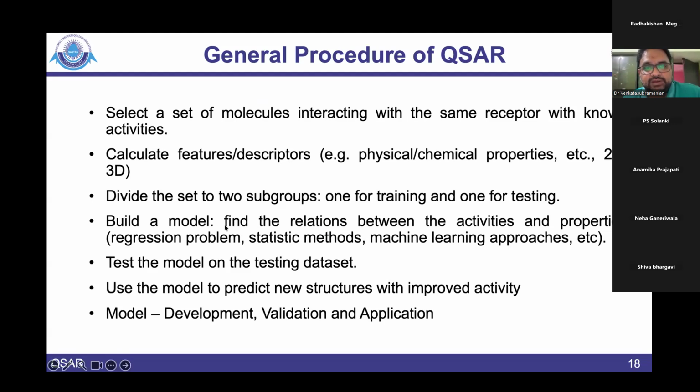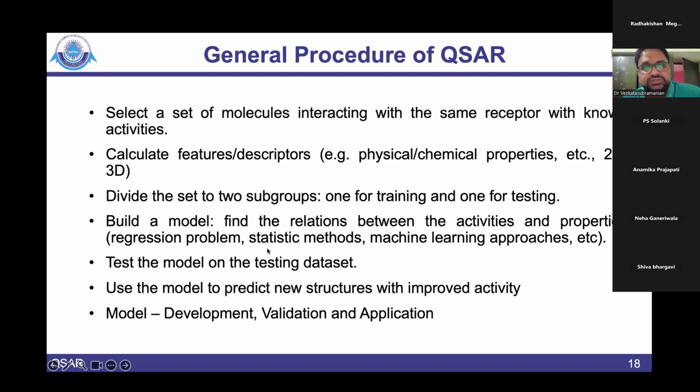Now you have to build a model that analyzes the descriptors and their correlation to the activity, and then arrive at a model that could correlate these things. This model building or analysis can be done with various methods. It can be a regression or statistical method or machine learning approaches.